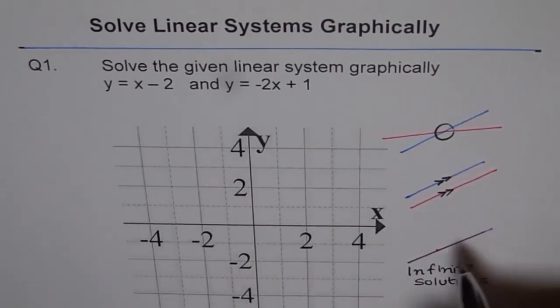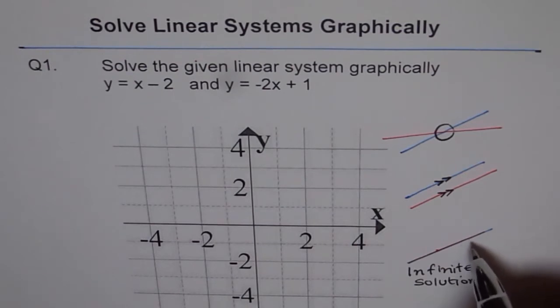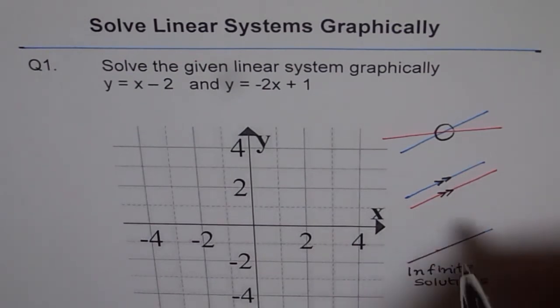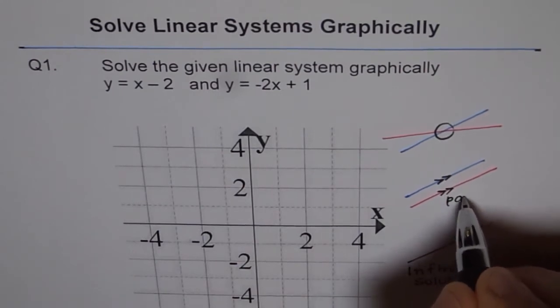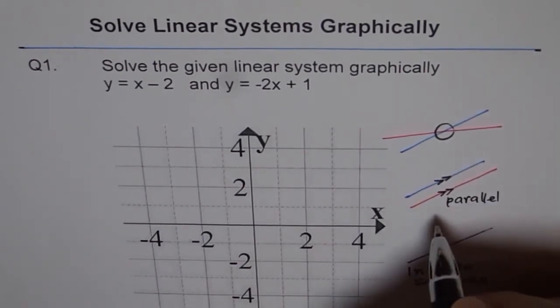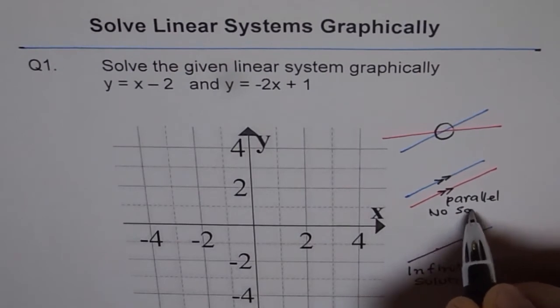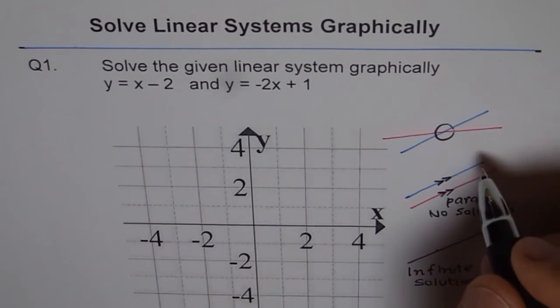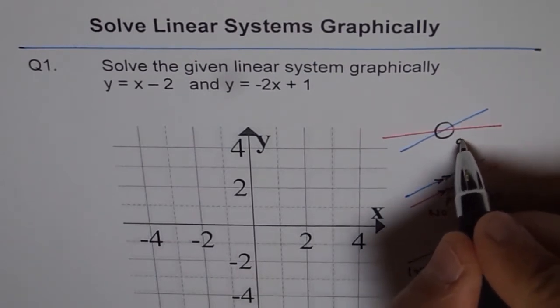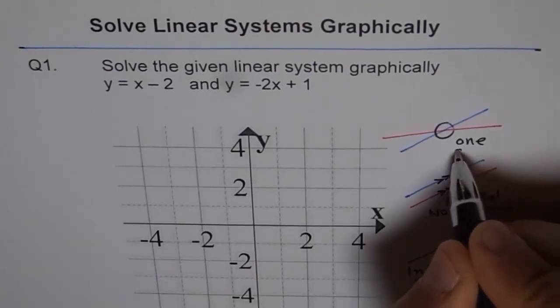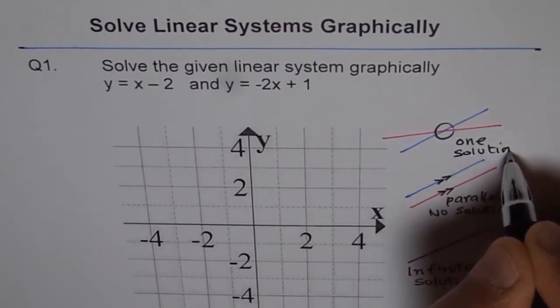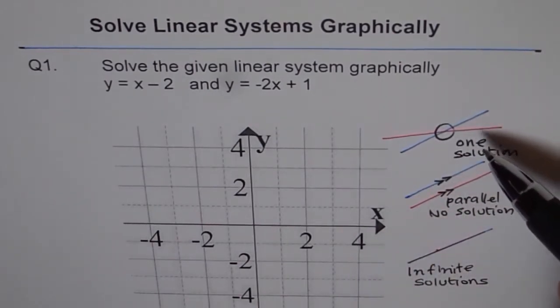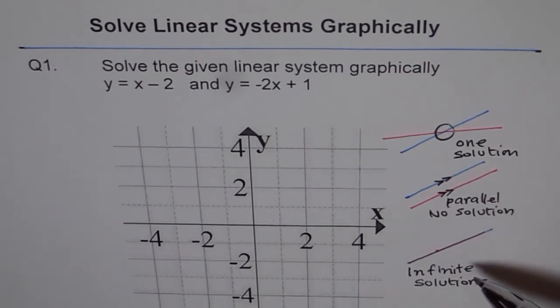A line is a set of points, and there are infinite points on a line, and since they overlap on all the points, it has infinite solutions. And this set, which is parallel lines, has no solution. And these intersecting lines always intersect at one point, and therefore this is one solution. So remember that. We can get one solution, no solution, or infinite solutions.